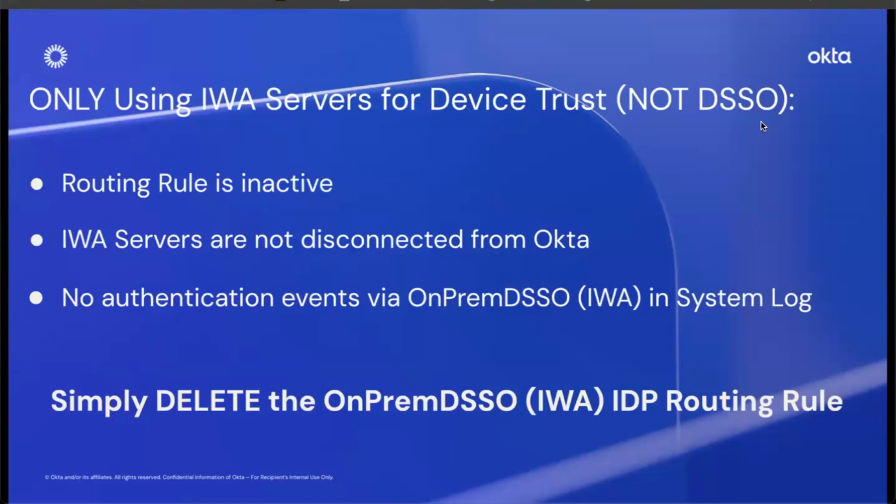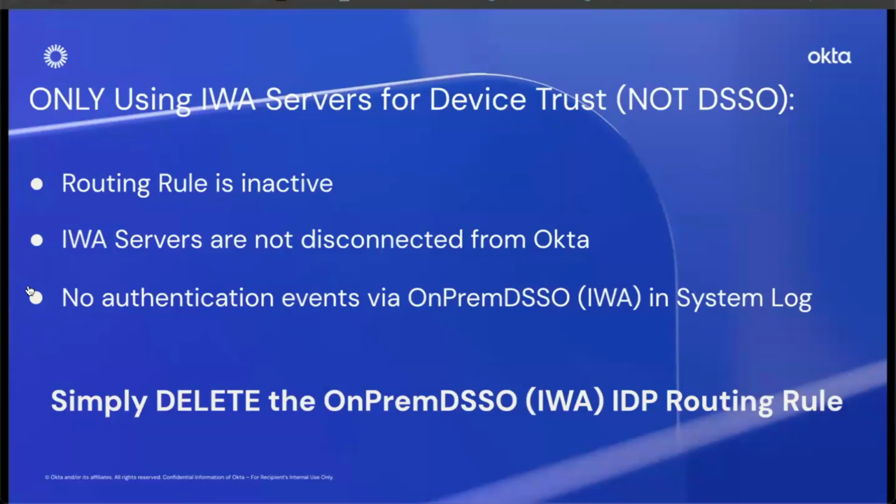And then finally, if you're looking in your system log and you're not seeing any authentication events happening through the on-prem DSSO mechanism, then that's a good indicator that you're not using it. So if you're in this situation, you don't need to do anything to the actual IWA servers that are running locally. You want to leave those as they are in place. You just want to delete the routing rule, and by doing that, that will free you up to move forward with the OIE upgrade.